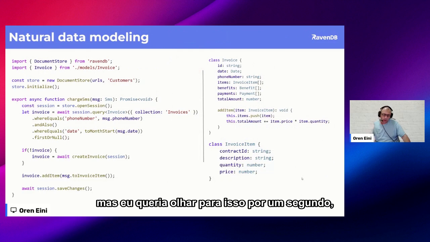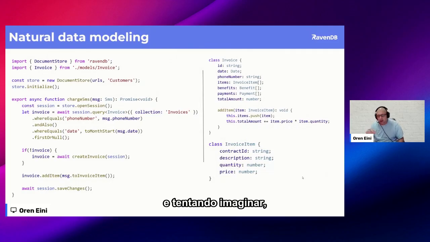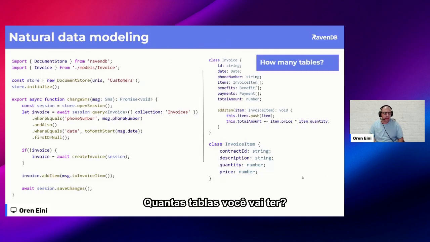I'm using TypeScript as the programming language, and try to imagine building the backend for this. What would it take to persist an invoice to a database? How many tables are you going to have? I'm going to make it even more fun for you.